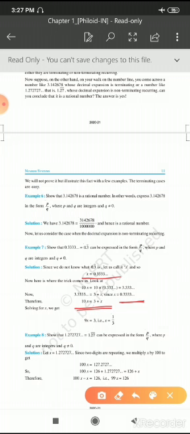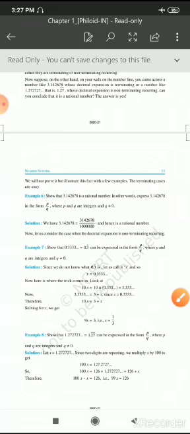If you bring this x to the other side, 10x minus x, 9x is equal to 3. From that, x is equal to 3 by 9, that is 1 by 3, which is in the form of p by q. So in this way you can express a non-terminating repeating decimal in the form of p by q.